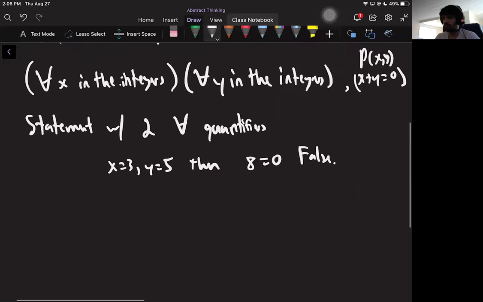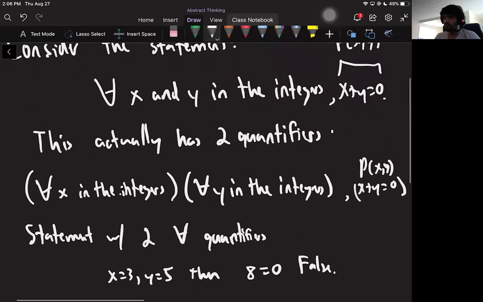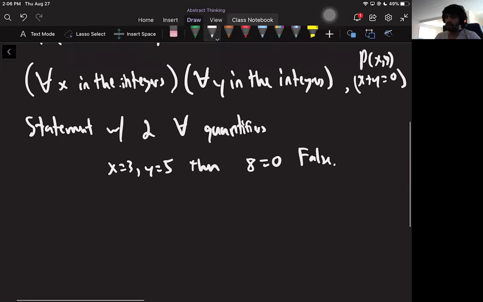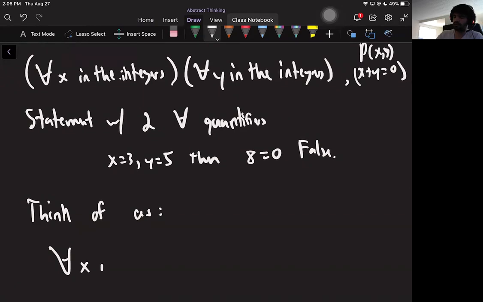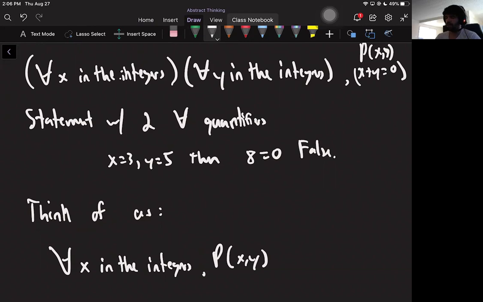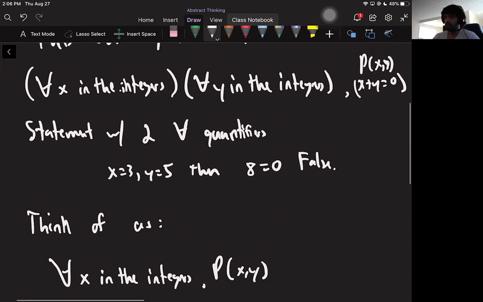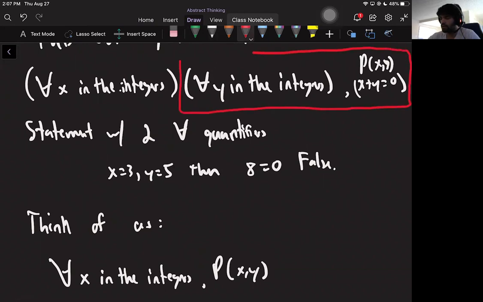Okay, so when you have two for alls together, it's hopefully not so bad. It just means for all of one and then for all of the other. You can even think about it as something like this, which is going to come in handy later. You can think about it as a for all x statement, and then you could think about this entire second part as a predicate involving x and y.